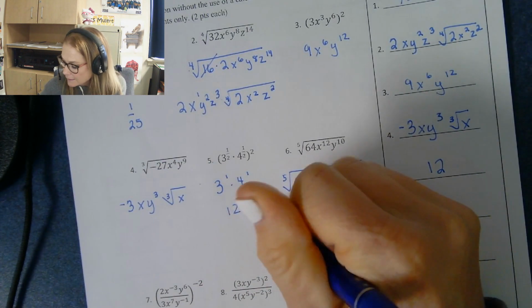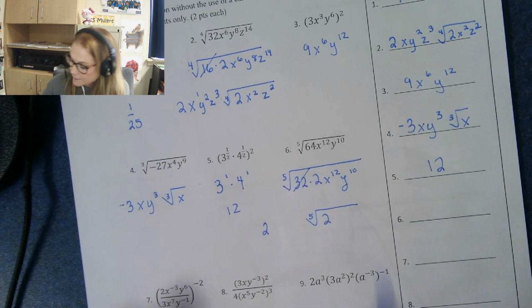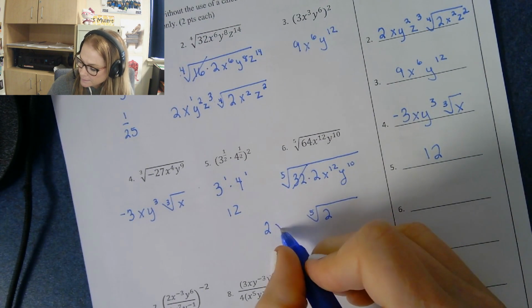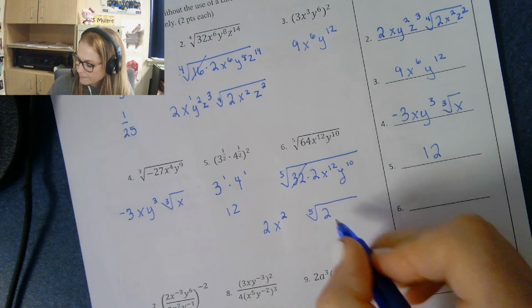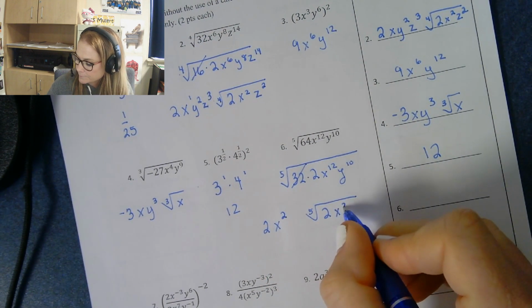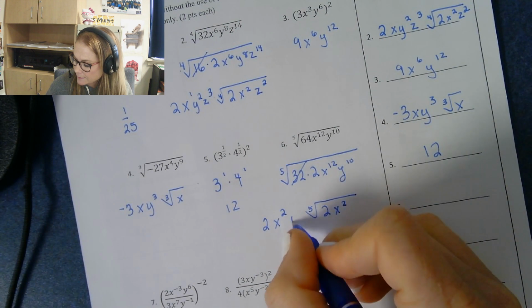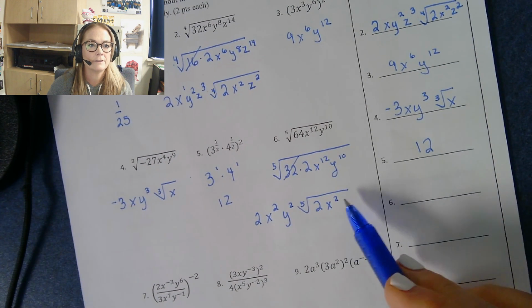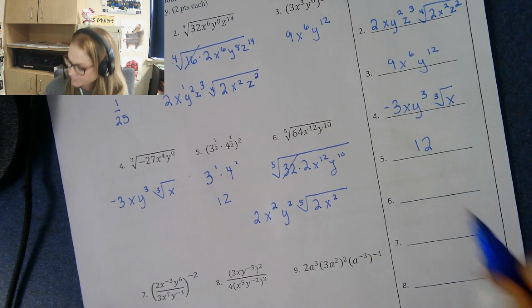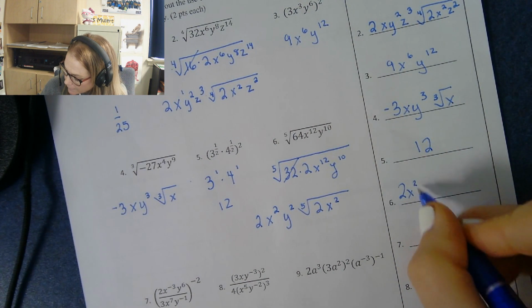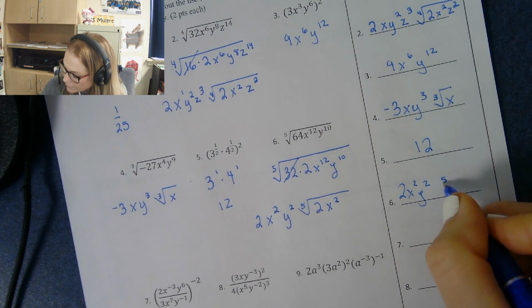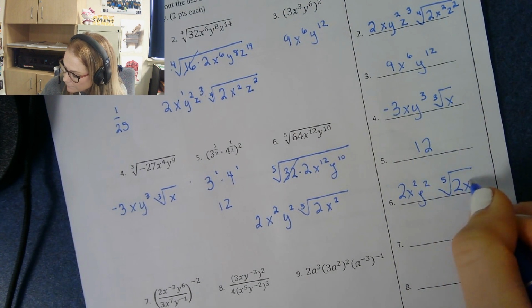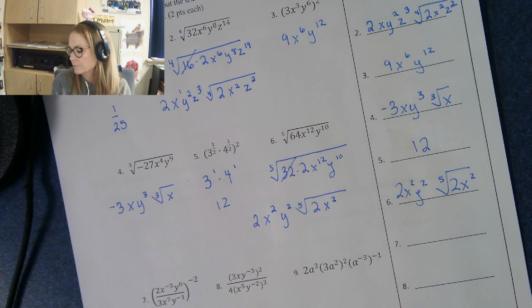I'm ahead of myself. 5 goes into 12 twice with 2 left over, and 5 goes into 10 twice. Okay, so this one is just 2x squared with x squared left underneath, and then y squared. All right, so 2x squared y squared, fifth root of 2 underneath, and so x squared y squared, fifth root of 2x squared.